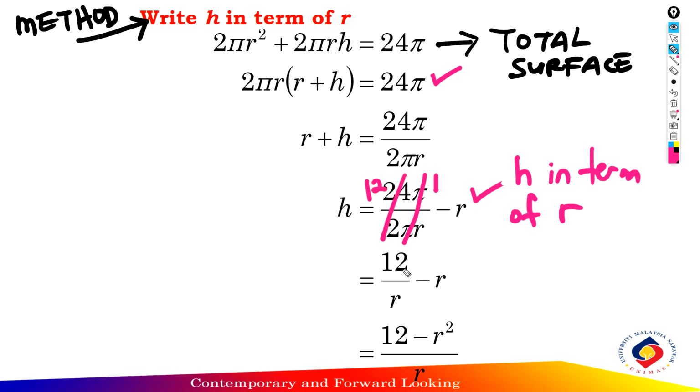So 12 over r minus r, and the denominator is in terms of the radius, so you cross multiply. The r times r, 12 minus r², and the denominator equals r. So h equals (12 minus r²) over r.